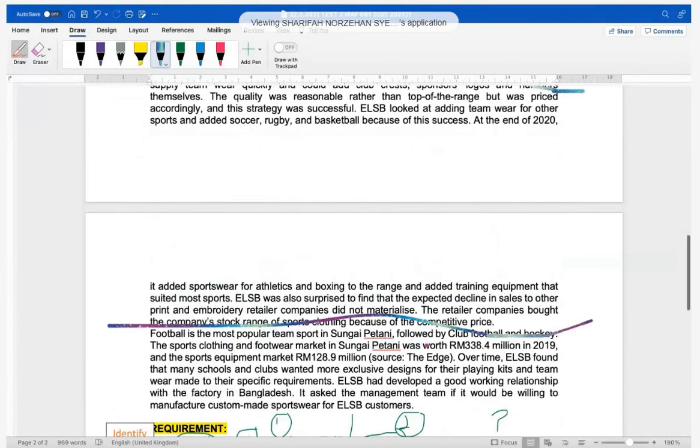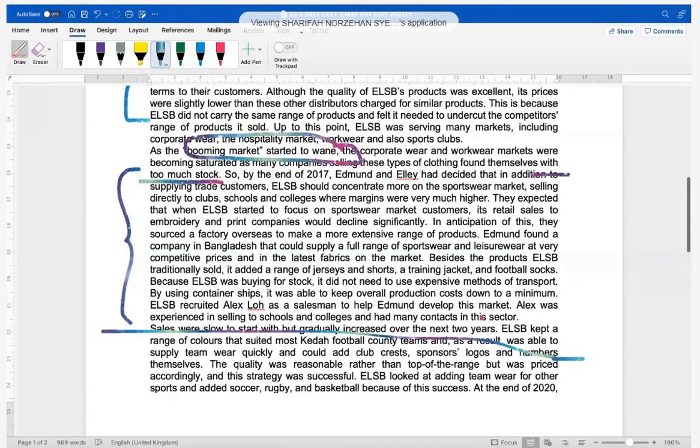Okay, so even if there are certain parts of these points, you can use them to answer different requirements. You can also use that same point, tweak a bit on your sentence, and you'll be able to answer the final question.